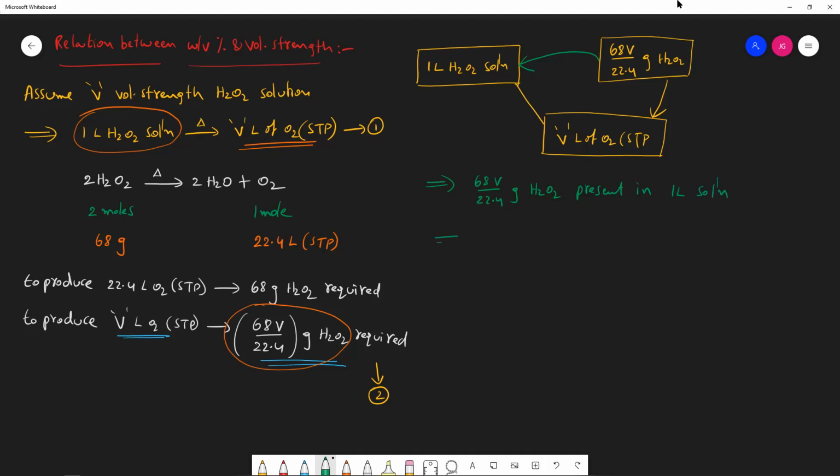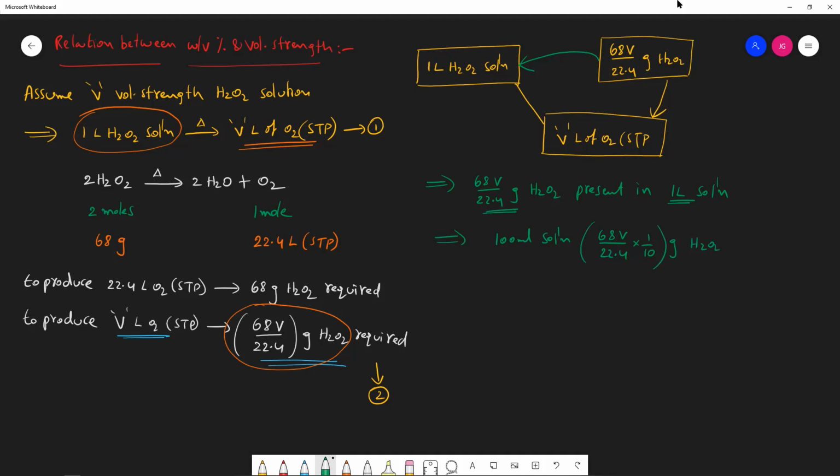Okay, so from this, can you tell me in 100 ml, what is the mass of H2O2 present? So in 1 liter, this much mass is present. In 100 ml, just divide by 10. That means simply you can take 68 V by 22.4 into 1 by 10. So this many grams of H2O2 is present.